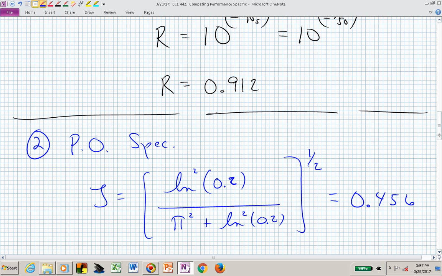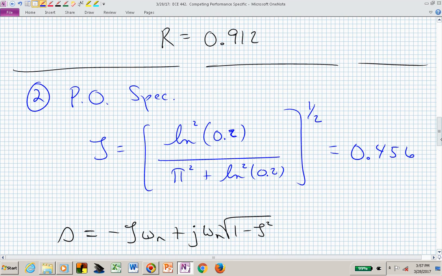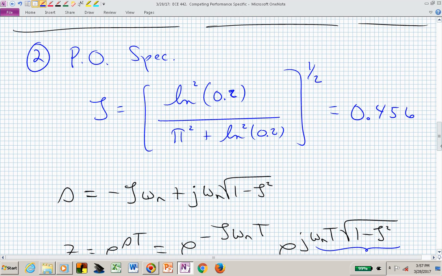But it's cleaner, algebraically or analytically, to use that zeta value and that r value to compute an angle that's consistent with r of 0.912 and a zeta value of 0.456. To do that, we can just rederive it rather quickly.